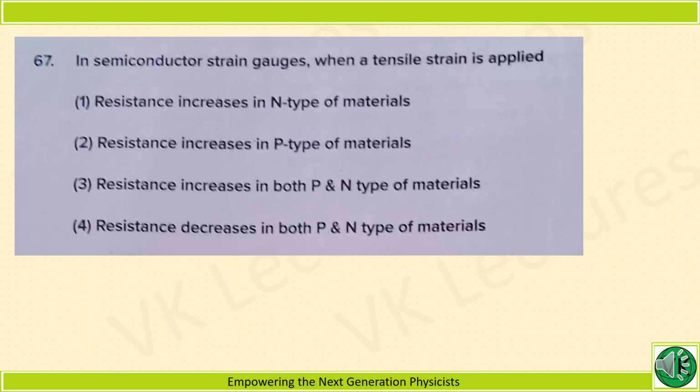In semiconductor strain gauges, when tensile strain is applied, what happens to the resistance? Resistance increases in p-type material is the correct option.